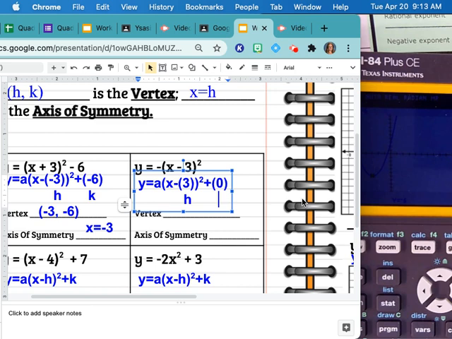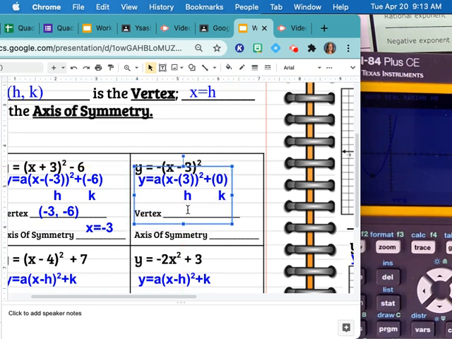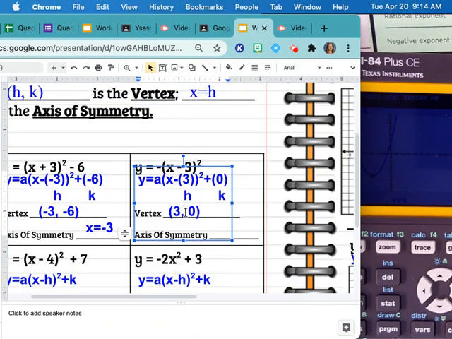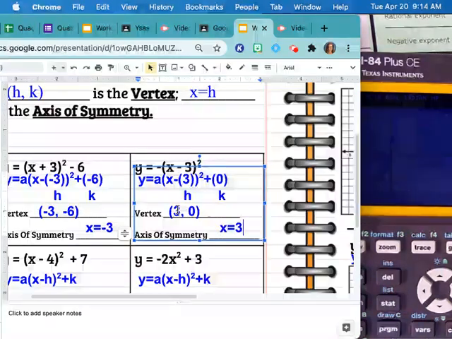And our k value is 0. So our vertex is 3, 0. And then the axis of symmetry, what is that going to be? 3. Yep, x equals 3, because it's what is the x value of our vertex, which is 3.